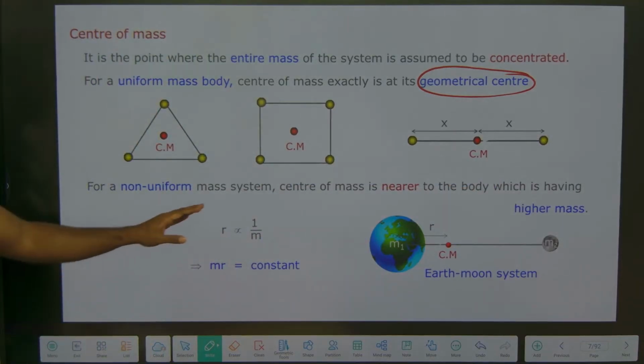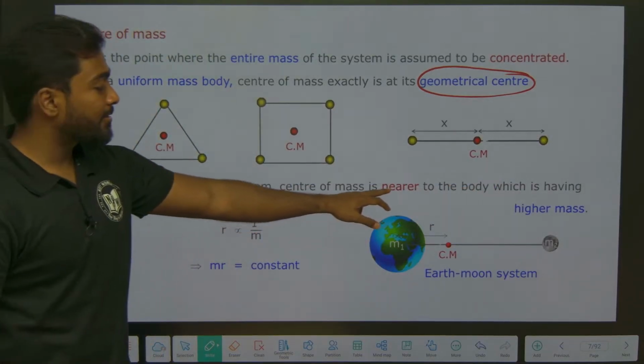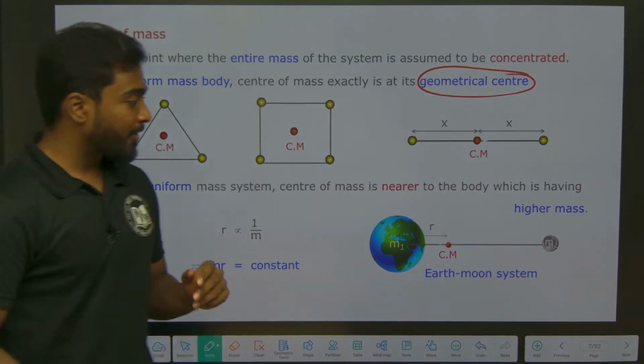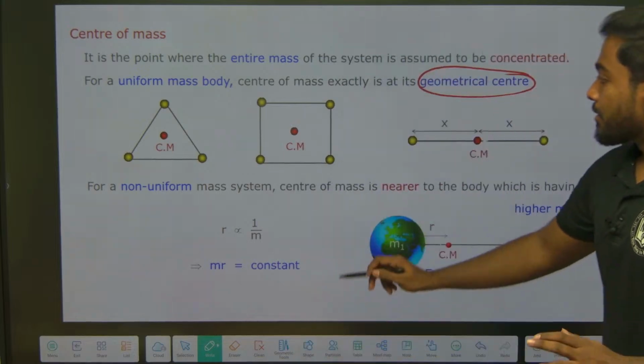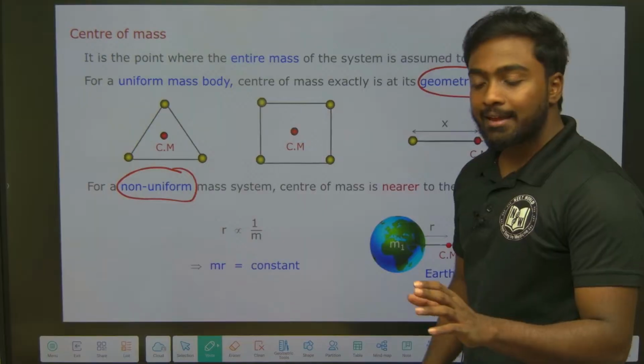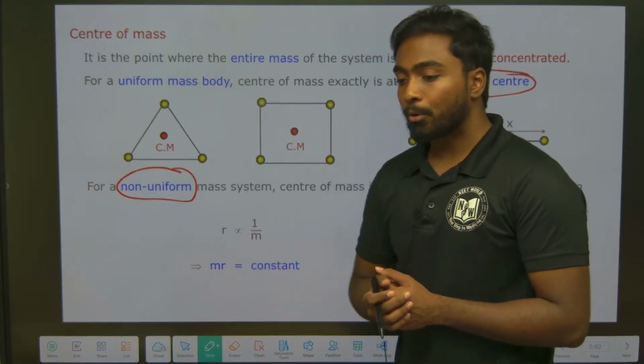For a non-uniform mass system, the center of mass is near the body which has the higher mass. Non-uniform means the mass has been unequally distributed.